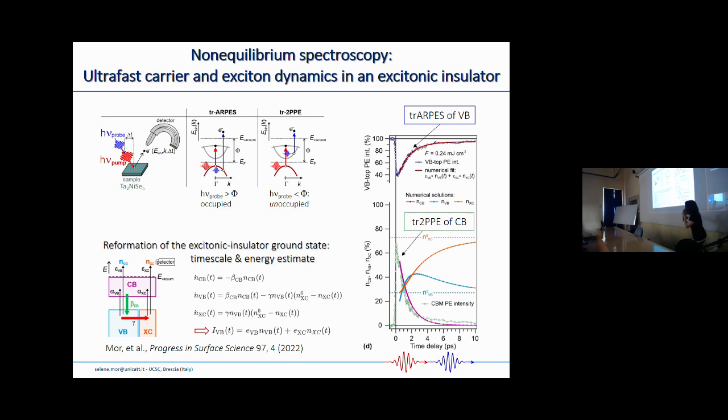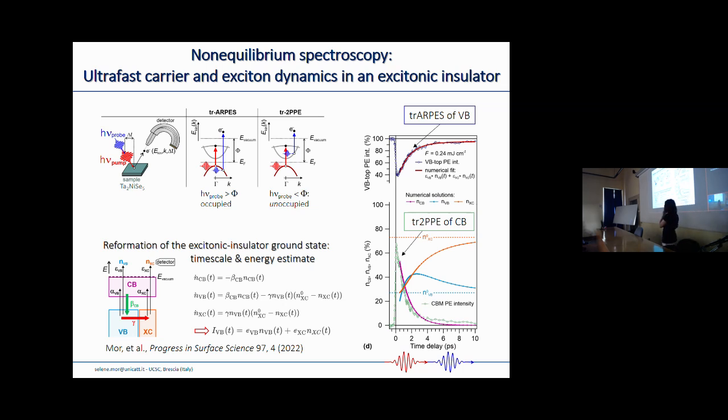And so the idea was that, okay, now let's imagine this material is an excitonic insulator and divide our system into sublattices and develop a rate equation model where you have the valence band with some unbound electrons, which will always be present in the system. You have the conduction band, and you have a condensate of ground state excitons, which are present already at the equilibrium.